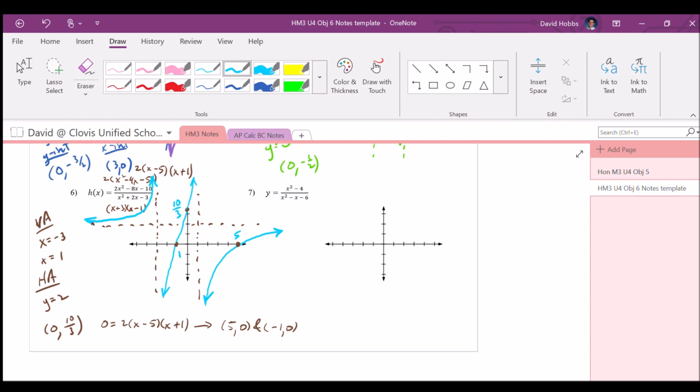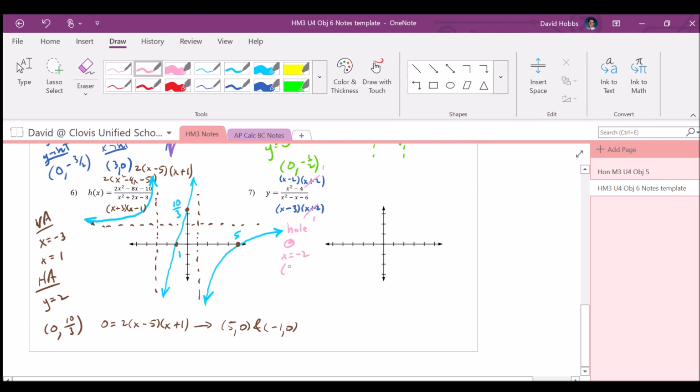So number 7, again, let's get it in factored form. So we've got x minus 3, x plus 2, and I've got x minus 2 and x plus 2. And we notice that the x plus 2's are in common, and so they reduce, which means we have a hole at x equals -2.